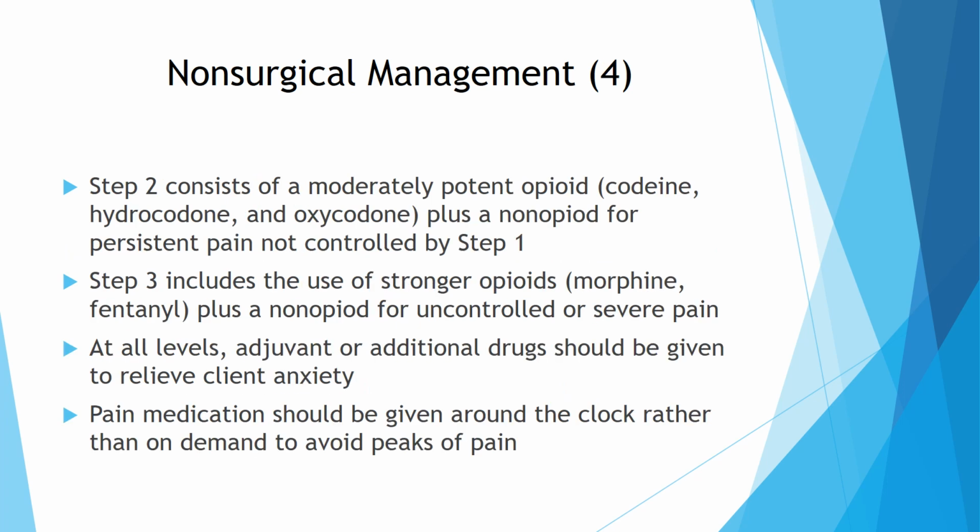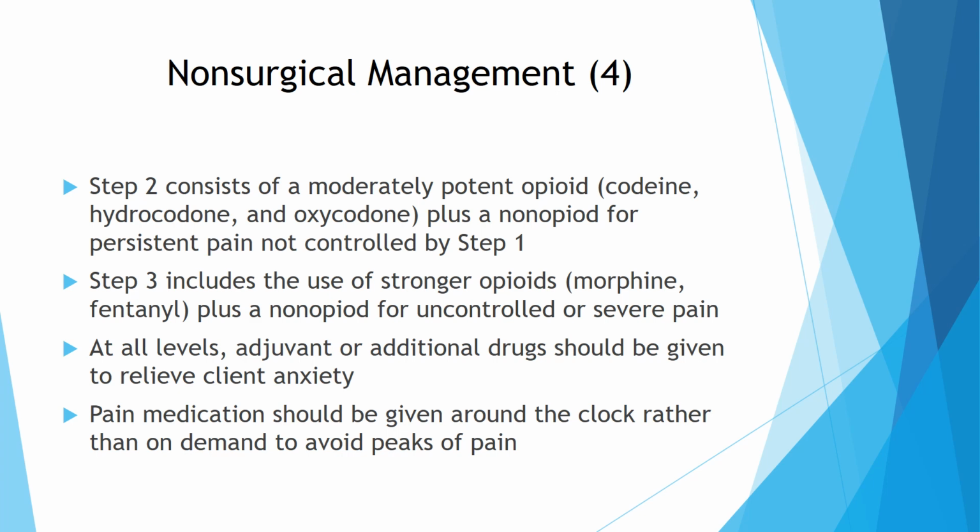Step 2 will consist of a moderately potent opioid such as codeine, hydrocodone, oxycodone, plus that non-opioid for persistent pain that is not controlled by step 1. And then step 3, we will include the use of a stronger opioid, morphine, fentanyl, plus another non-opioid for uncontrolled or severe pain.